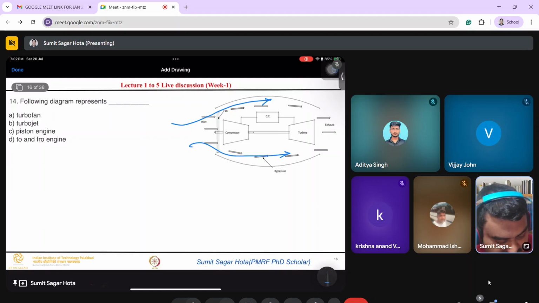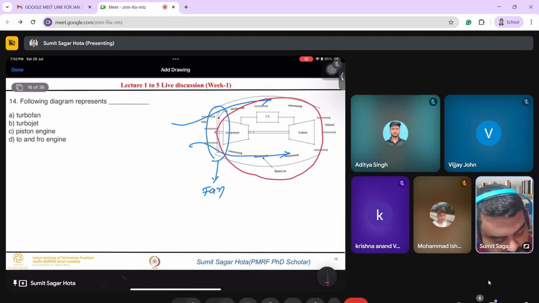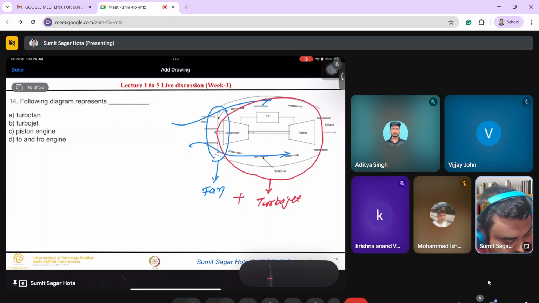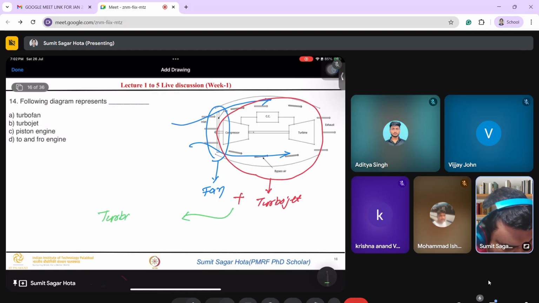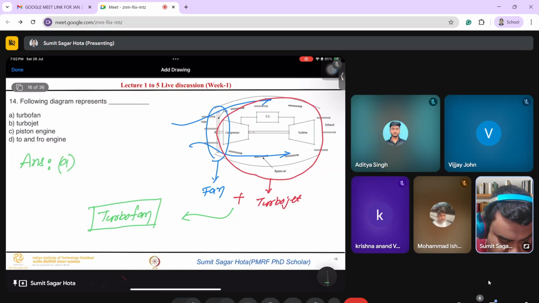Here one fan is there, right? Fan, and this is your complete turbojet engine. Fan plus turbojet engine is your turbofan.